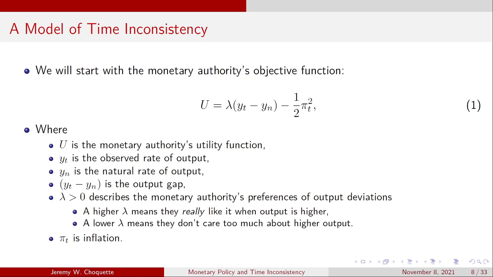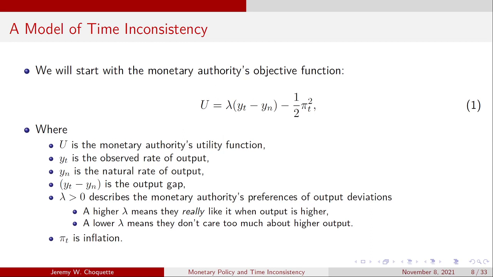Pi_t is inflation. So what we can see here, they like output, because lambda times Y_t minus Y_n, lambda is positive. If Y_t is larger than Y_n, if the actual rate of output is larger than the natural rate of output, then it is increasing utility by lambda times that output gap.